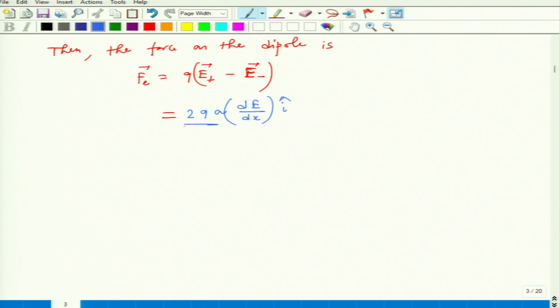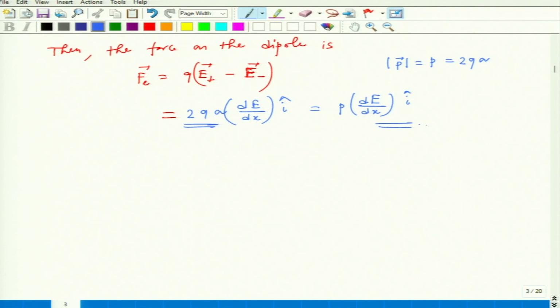If we write in terms of the dipole moment, the dipole moment magnitude P is 2qa, the charge times the distance between the charges. Therefore the force becomes P times dE/dx, i cap.